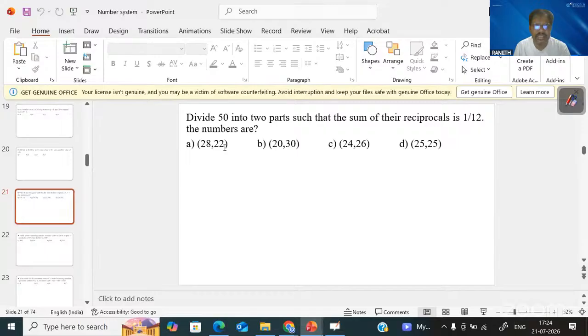If I take the LCM here, I won't get 12. Here also 24, 26. If I do the LCM, I will get prime numbers, and in 12 there are no prime numbers. So the answer will be only one option, 20 and 30.